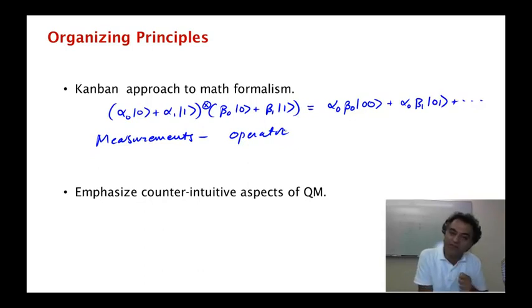I think this is extremely important when you're doing quantum computing, because quantum computing as a subject exploits some of the most counterintuitive aspects of quantum mechanics. And so if you're going to understand quantum computing at a deep level, you've got to grapple with these aspects of quantum mechanics, and you've got to understand them at an intuitive level.